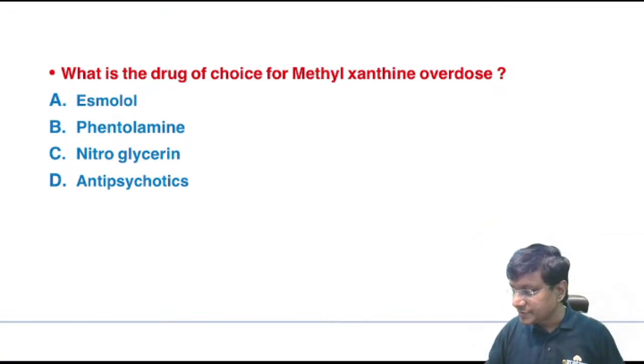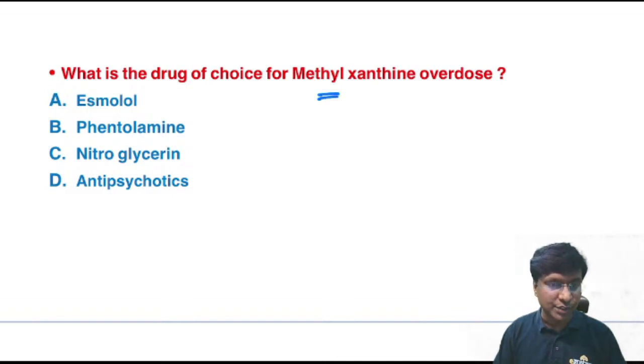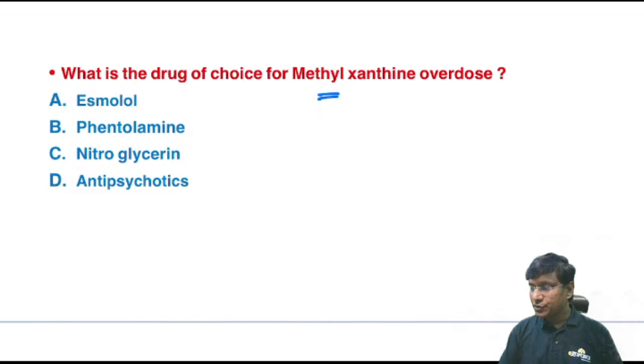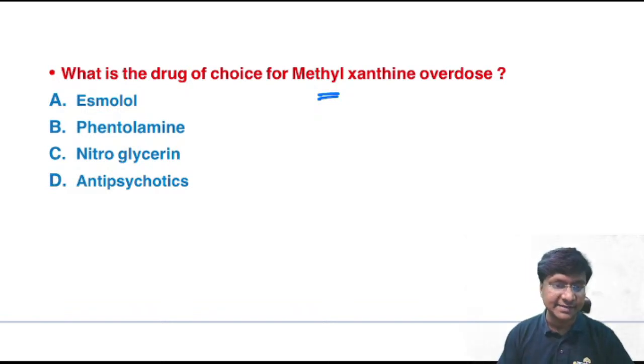This is another question which has been asked on drug overdose. What is the drug of choice for methylxanthine overdose? The options are esmolol, phentolamine, nitroglycerin, antipsychotics. What are the examples of methylxanthines? They are mainly theophylline, and the other important drug is caffeine.